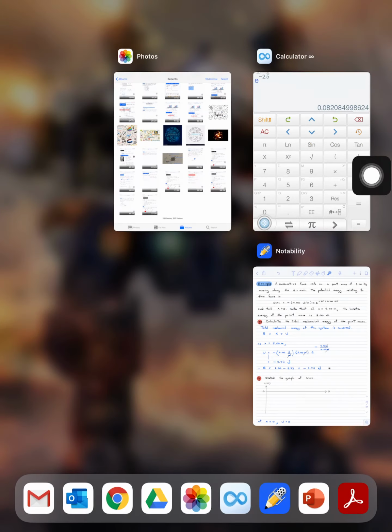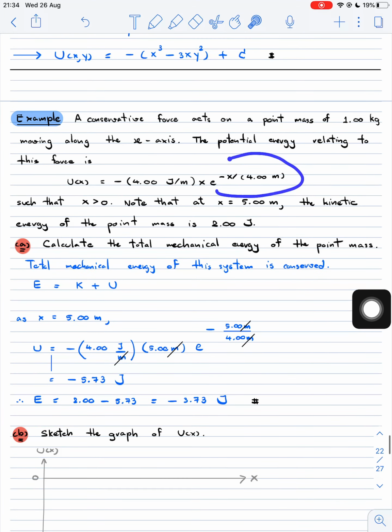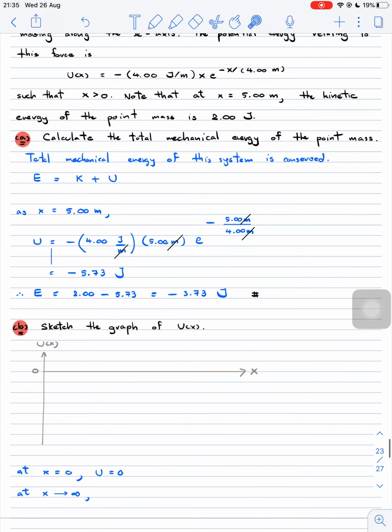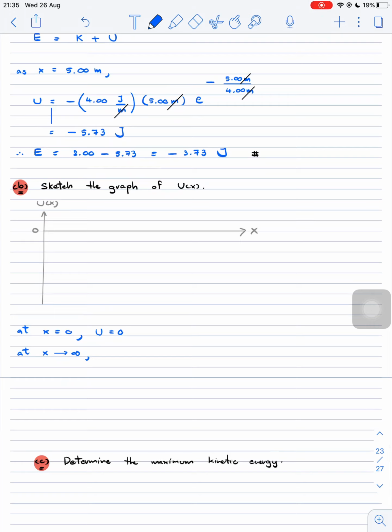So in this case we can conclude that this function will tend to 0 faster than x, which is going to infinity. So it means that when x goes to infinity, u will tend to 0. So this u is going to tend to 0.